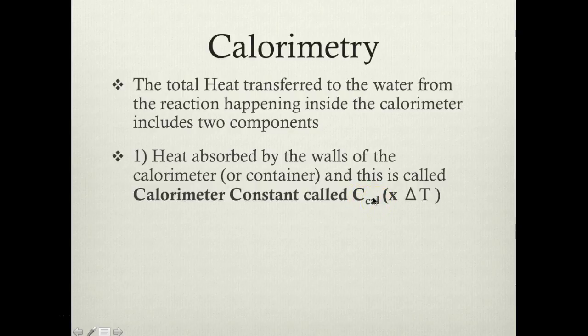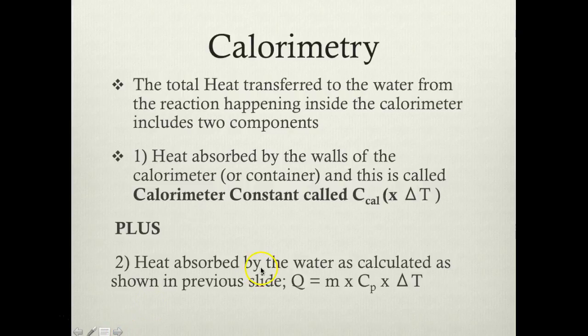And so that heat absorbed is the Ccal times the change in temperature from the initial temperature to the final temperature reached. So the heat absorbed by the walls plus the heat absorbed by the water together is the total heat, and that's what we are going to be calculating.